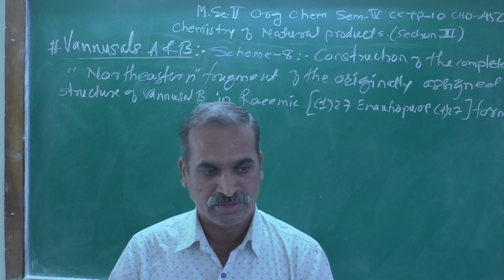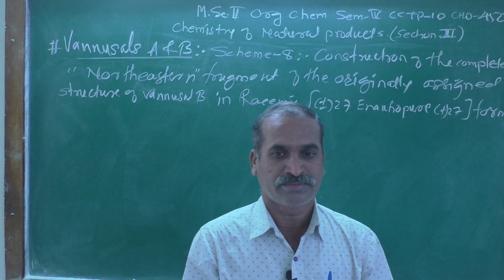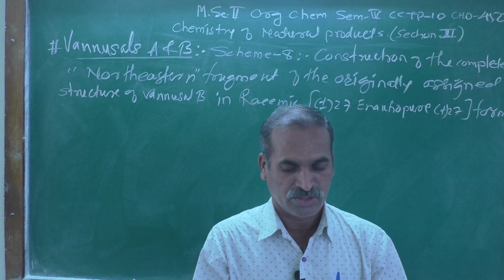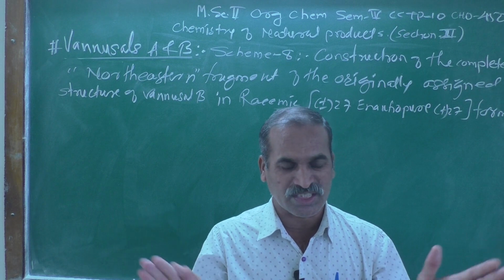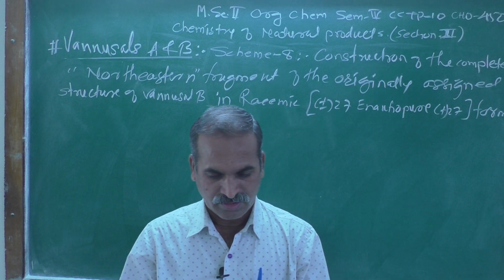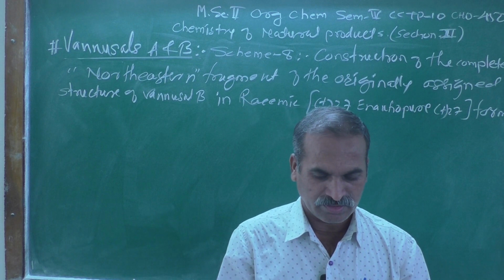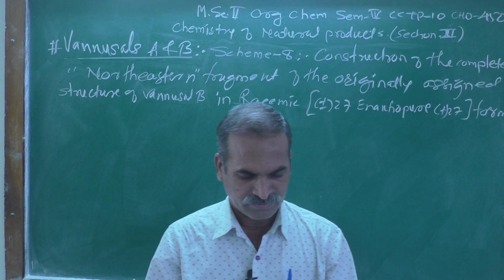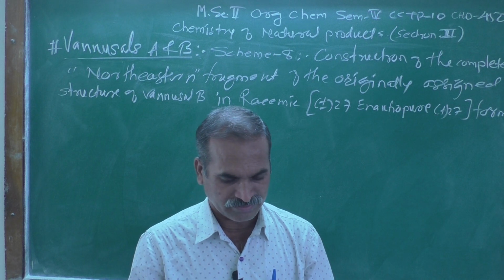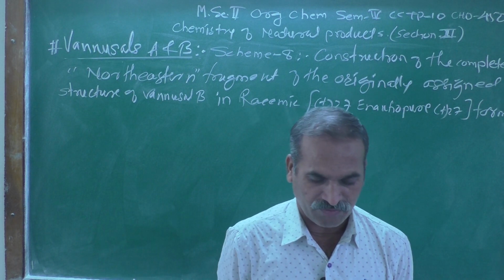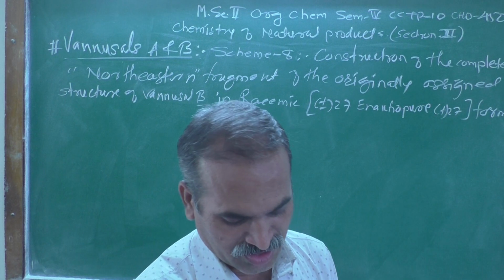That is our main target today, to construct the completed northeastern fragment of the originally assigned structure of Vanusol B in racemic form.